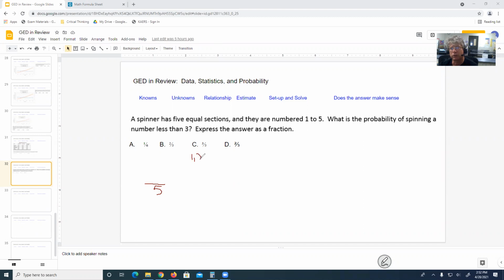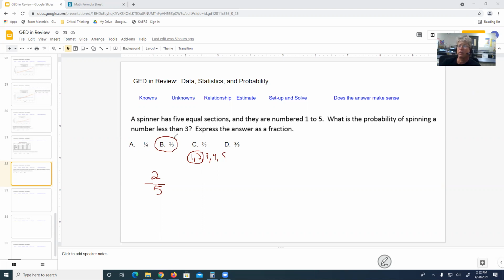So like I said, we have 1, 2, 3, 4, 5. We have 5 possibilities, but only 2 of those are under 3. So my probability should be 2 out of 5. So 2 out of 5 would be B. B would be our result there.